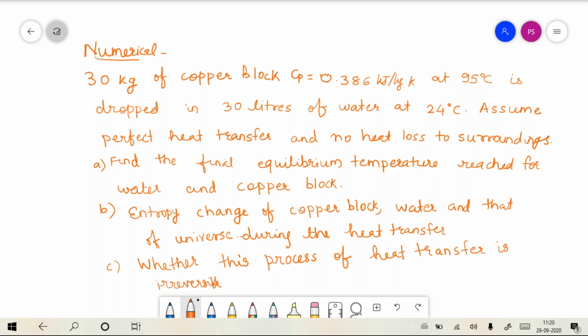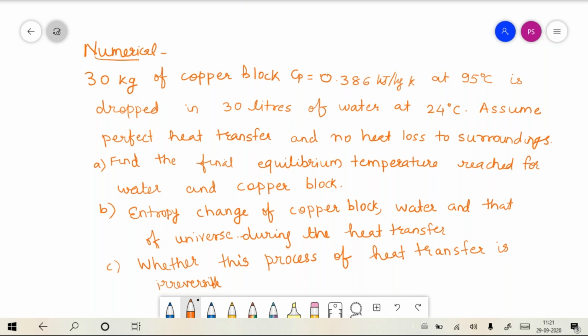What you are required to find is the following. First thing you need to find is the final equilibrium temperature reached for water and the copper block.